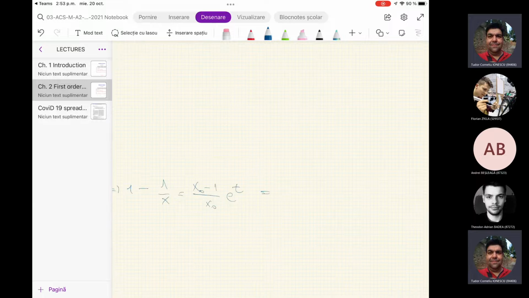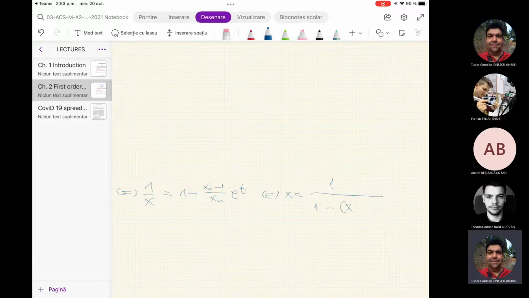So 1 over x is 1 minus this constant exponential of time. Hence, x is 1 over 1 minus, or we can say here x naught.